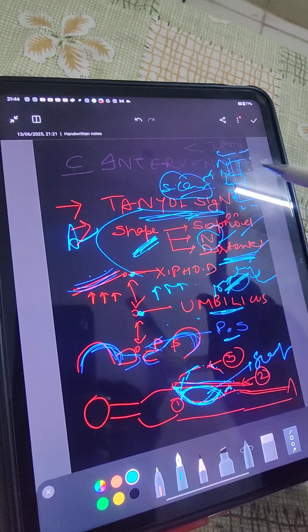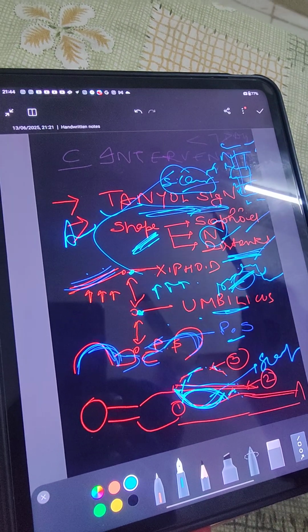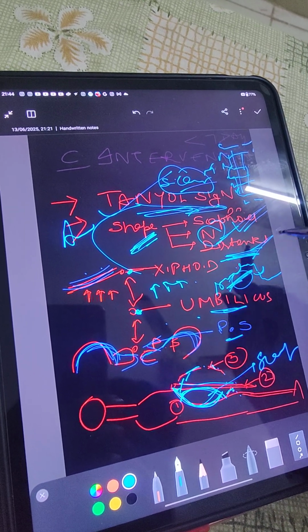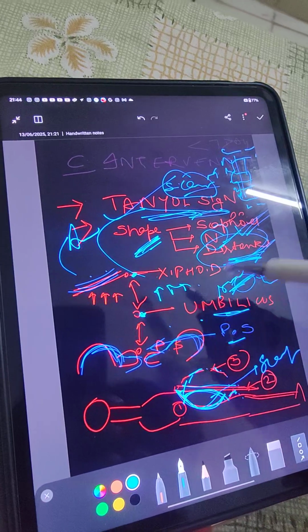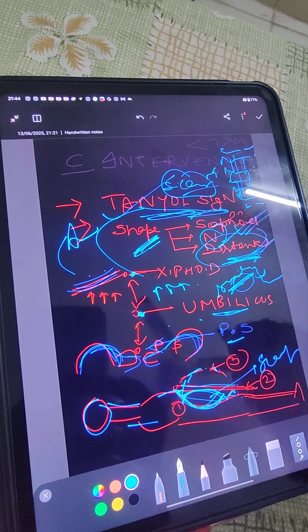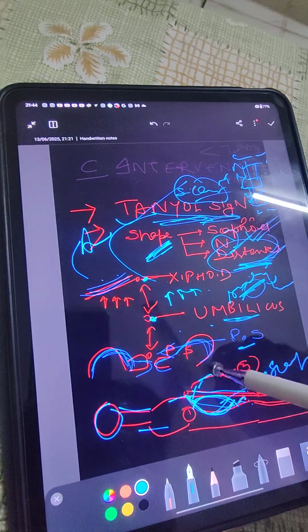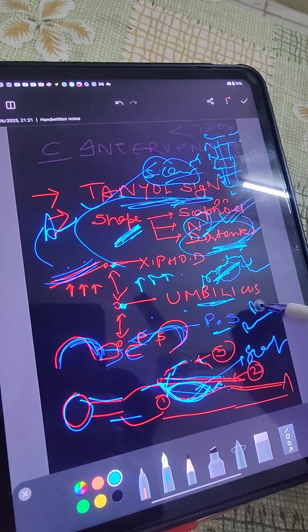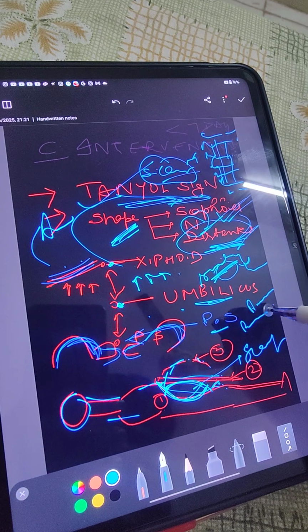Then in inspection we will see any tense sign, whether the abdomen is scaphoid, normal or distended, with inspection done in the supine position. Another is bluish discoloration, which is found in pancreatitis.